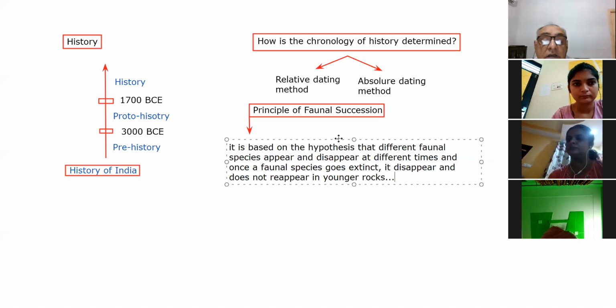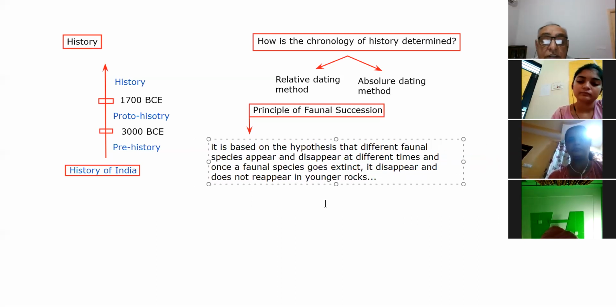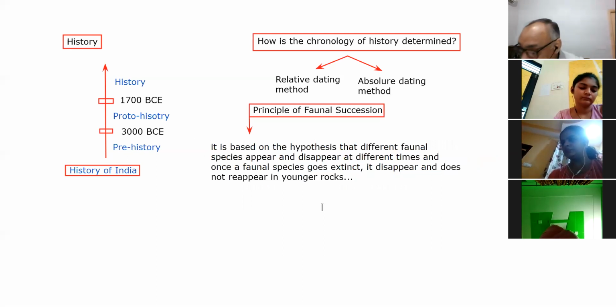So this is the principle of faunal succession: a species does not reappear in younger rocks.